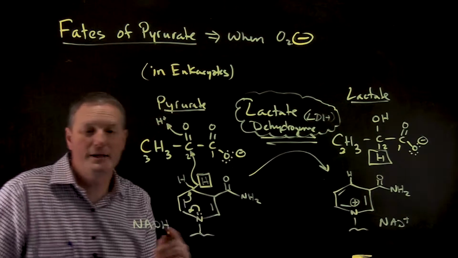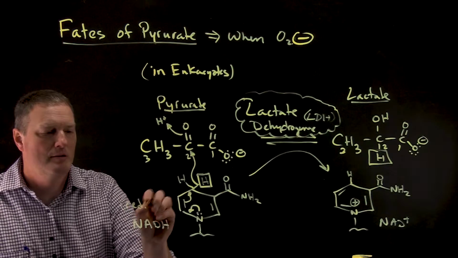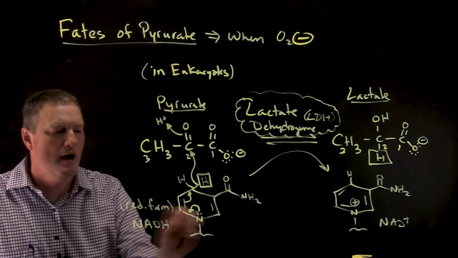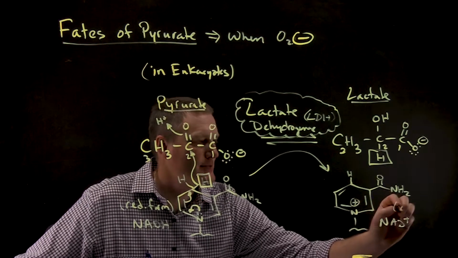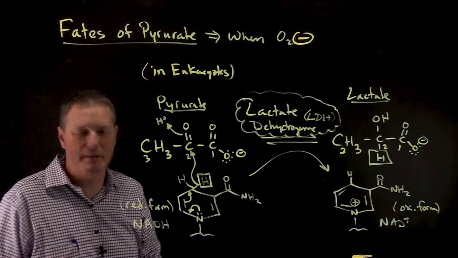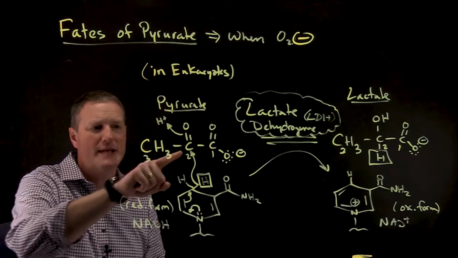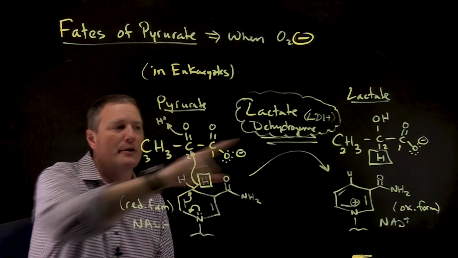Okay, just to remind you, NADH is the reduced form of this molecule, whereas NAD+ is the oxidized form. So this is a redox type reaction, and what's happening in the substrate, carbon number 2 is becoming reduced.